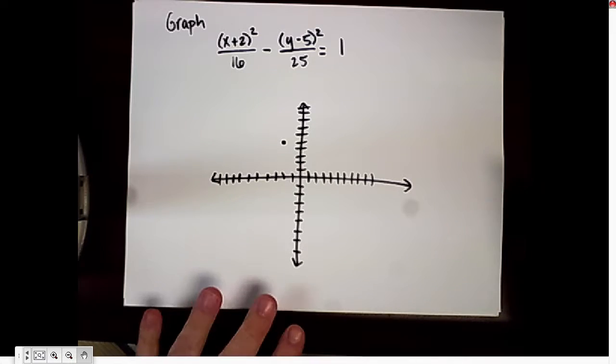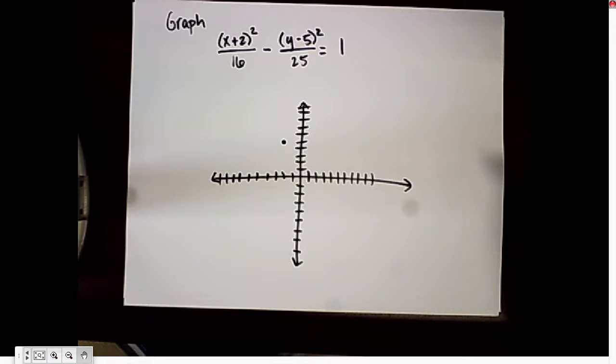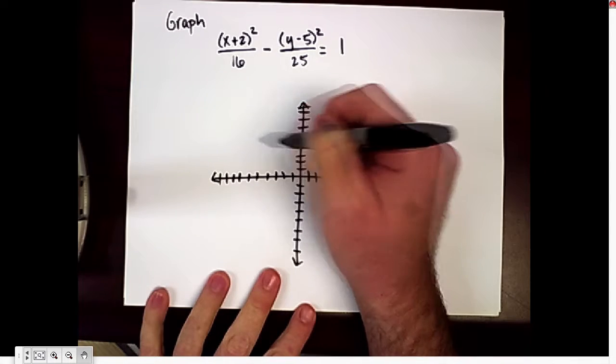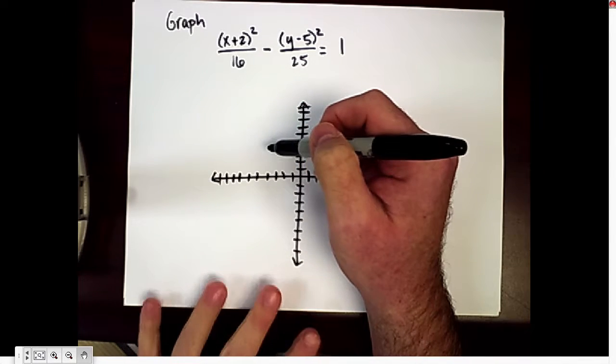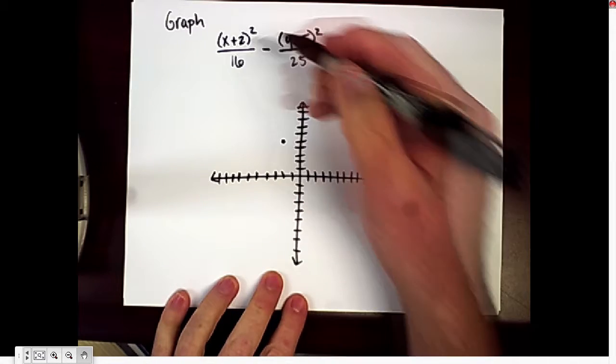Then, what would you do? It's the measuring. On the x-axis, what's your radius? It's not really a radius, but it's going to be the square root of 16, so it's 4.